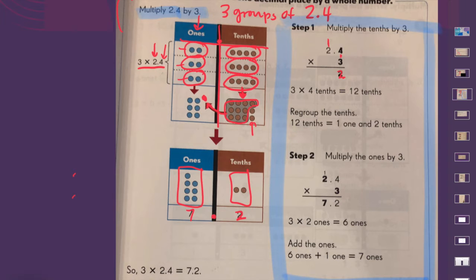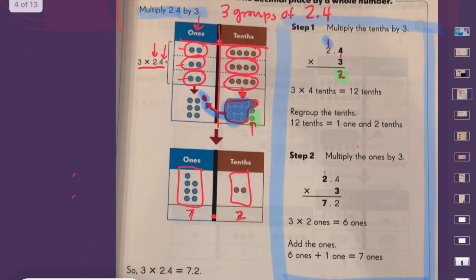Now what's happening here is the 1 that we carried up here was the 10 tenths that we regrouped into 1 whole. And we were left with the 2 tenths right here, and that's how we get the 2 in the tenths place right here.